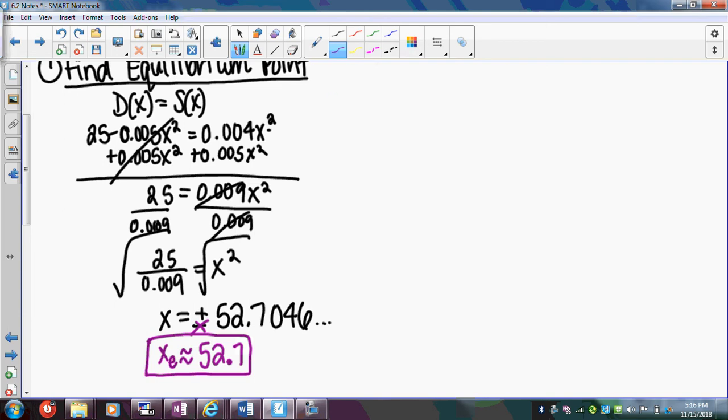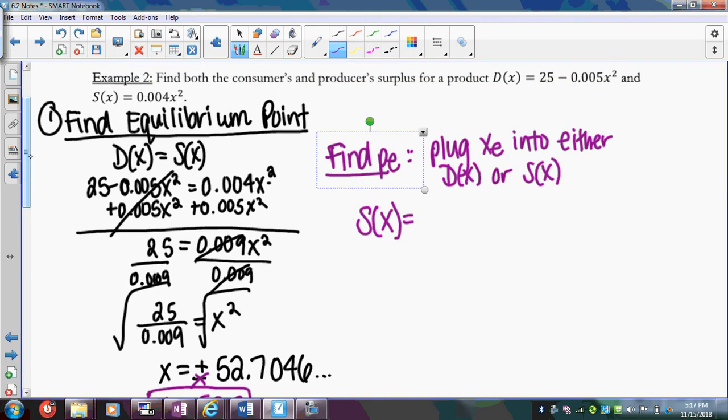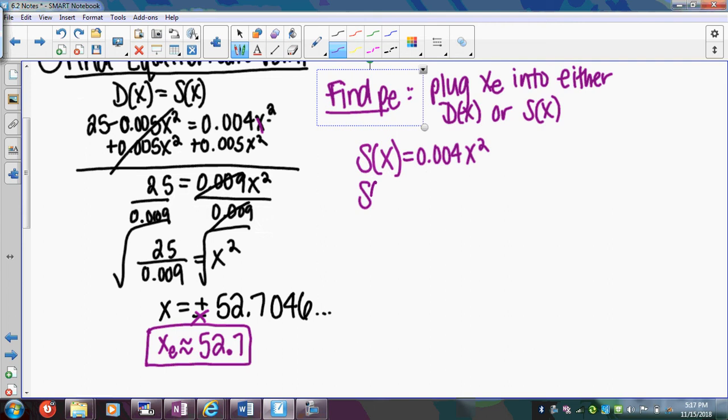So in order to find the p value, you're just going to plug x sub e into either d of x or s of x. It doesn't matter which one. So pick one that's easier. So I'm going to pick the supply function. It looks a little bit easier. So if I plug into s of x, that was just this, the 0.004 x squared. So plug in 52.7.